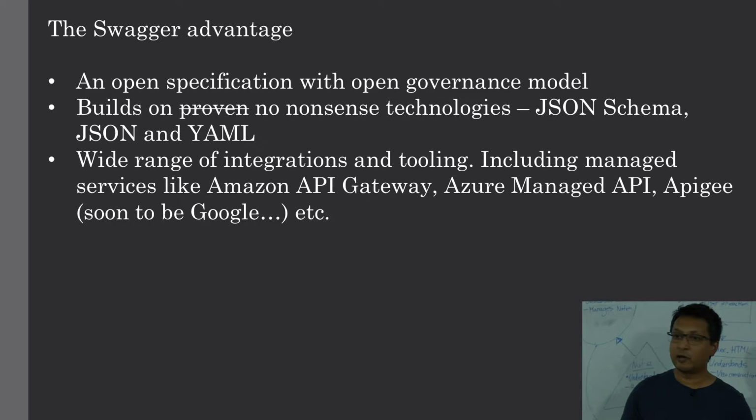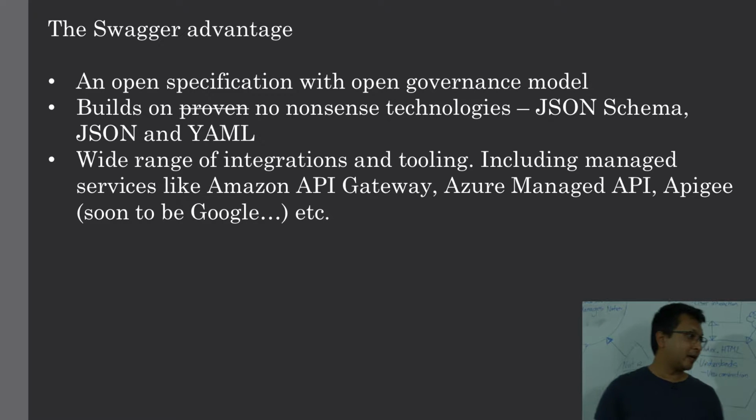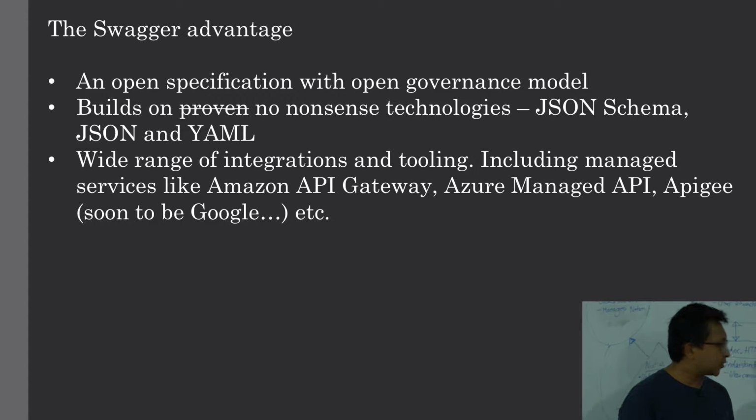And now that API as a service is becoming popular, you've got Amazon with API Gateway, Azure with managed API, and third-party companies like Apigee, which actually got bought by Google, who was one of the original proponents of Swagger. They've all got fast support for importing and working with Swagger definitions to define your API interfaces and your infrastructure for REST as a service.